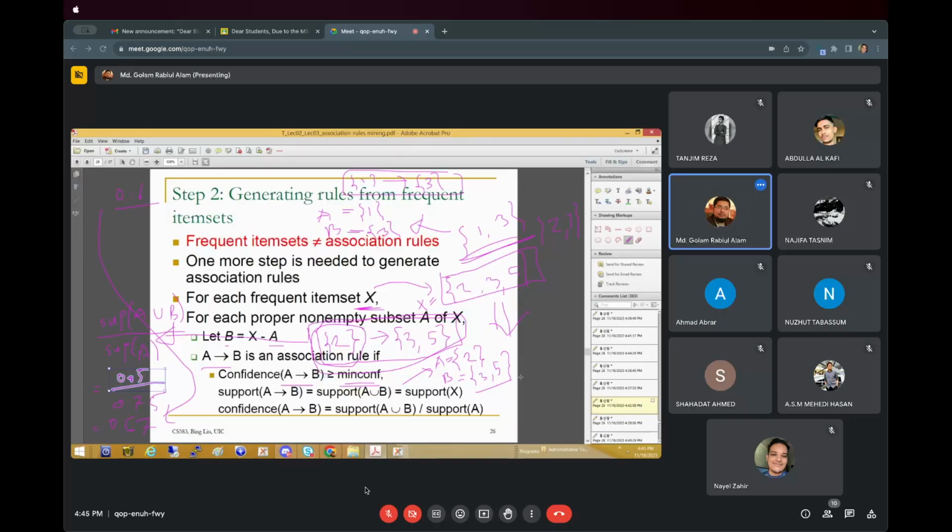Because 3, 5 and 5, 3 will be the same, because these are the 2 items in a set. So in any set, the order doesn't matter inside the set.